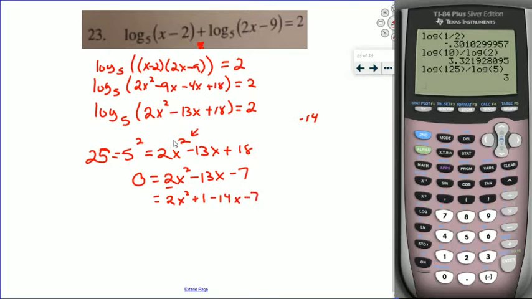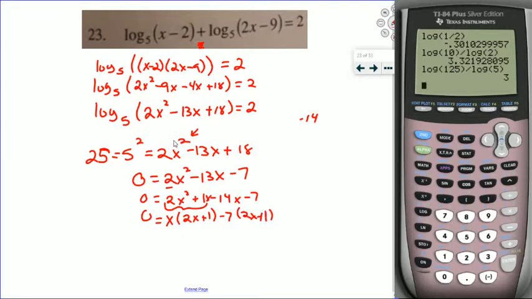Now we want to ask ourselves, what do these first two terms have in common? The first two terms have an x in common. So 0 equals x times 2x plus 1. And then we have negative 14x minus 7. Those two things have a negative 7 in common. Then we're left with 2x plus 1.